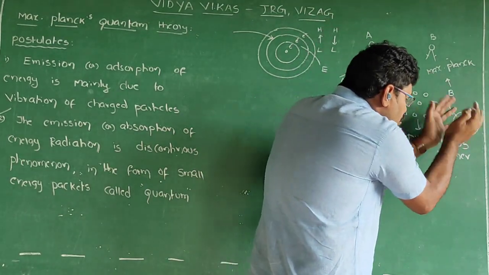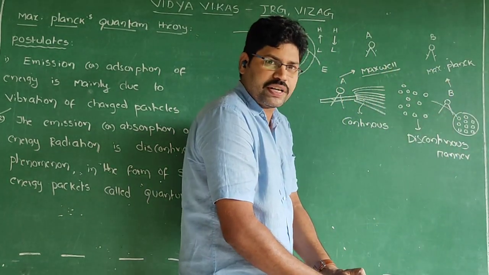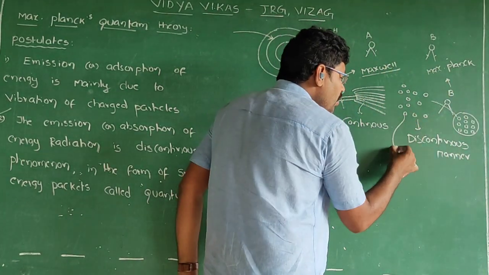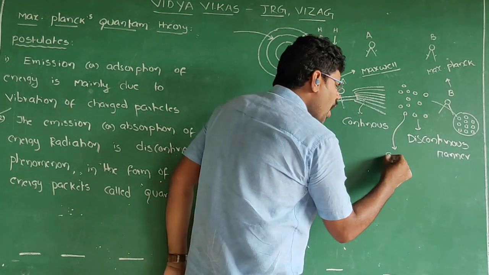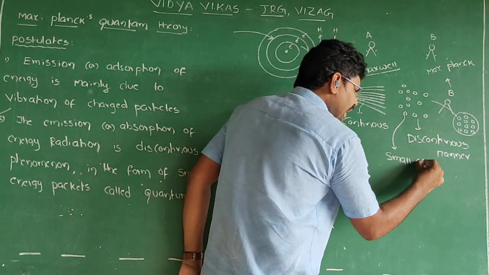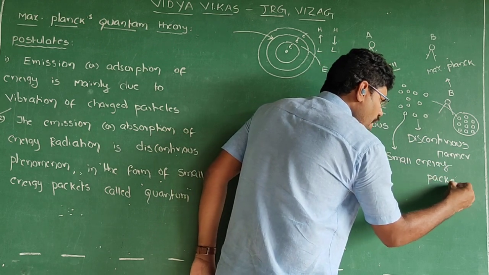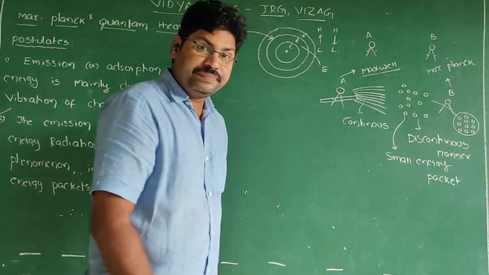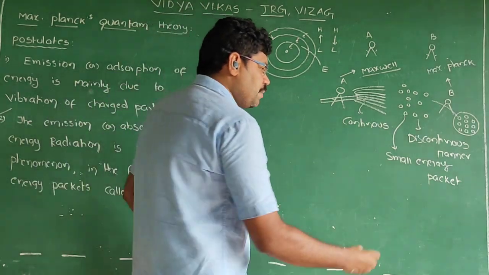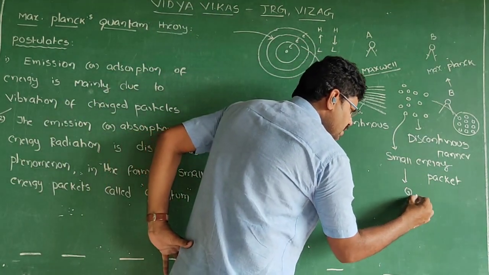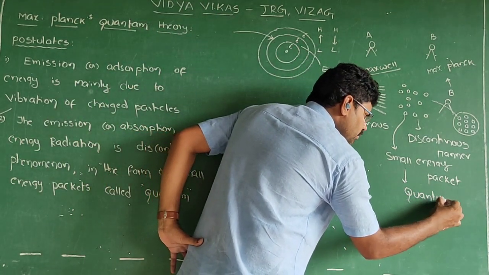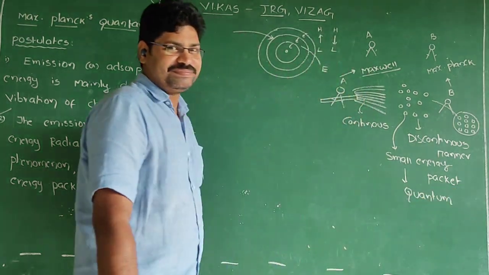And he has a bunch of stones, students, and each stone is a small energy packet. Yes, students, each stone is a small energy packet. And the small energy packet is simply called, dear students, a quantum. Keep in mind.